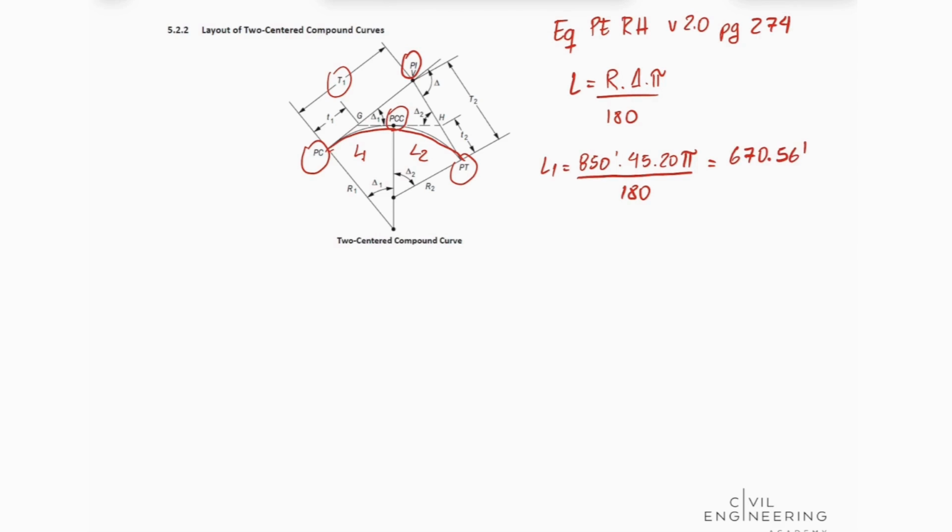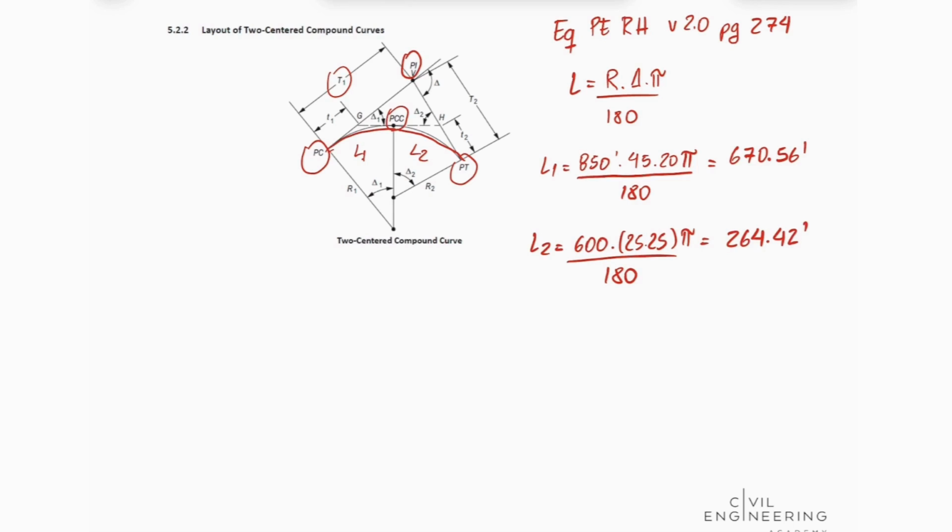We're going to do the same for our L2. This one will be 600 times 25.25 times pi divided by 180, and this will be 264.42 feet.